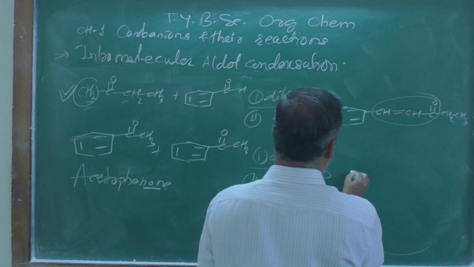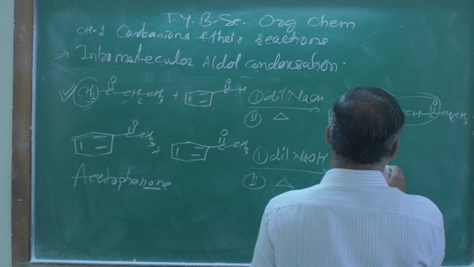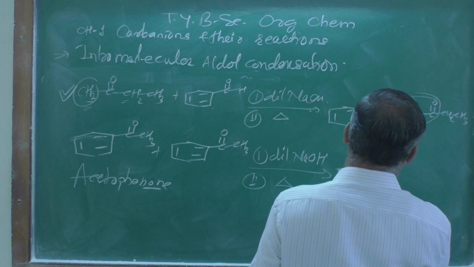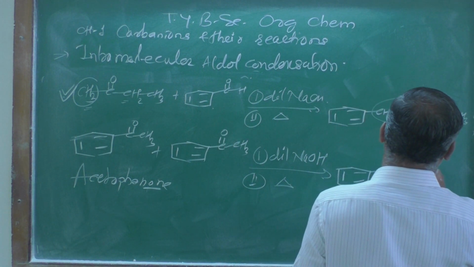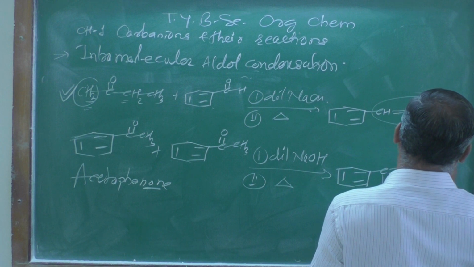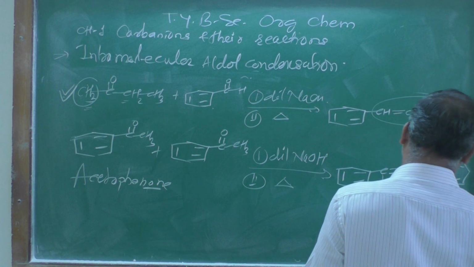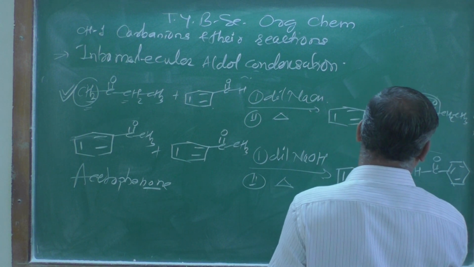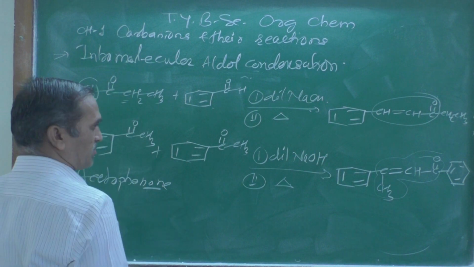In short, let me draw this reaction once again. Here I am writing CH3, double bond, then CH, then C double bond O, and then this phenyl structure. So this is the alpha beta unsaturated compound, which is known as an enone system.